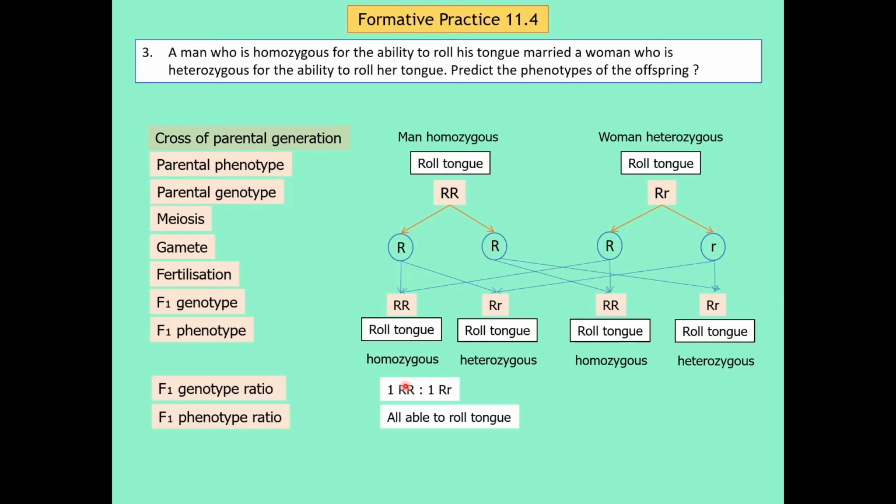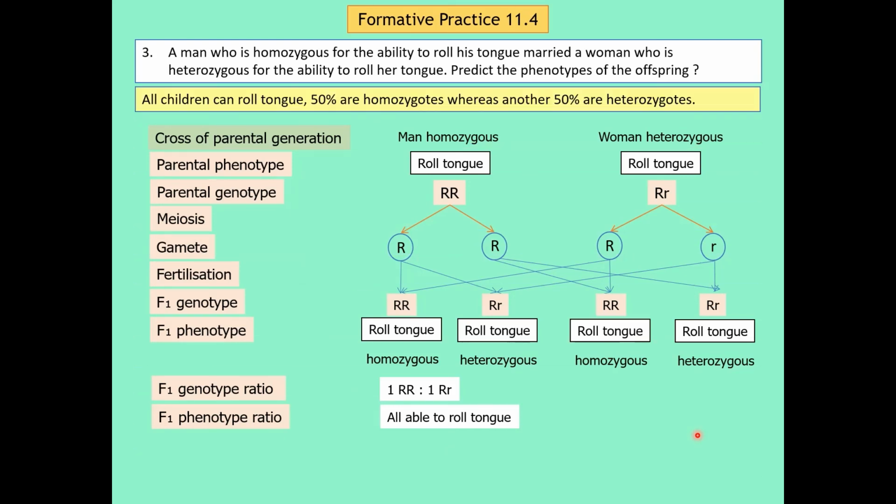So this is the filial 1 genotype ratio, 1 to 1, and the phenotype ratio is all are able to roll their tongues. So the children can roll tongue, 50% are homozygous, whereas 50% are heterozygous.